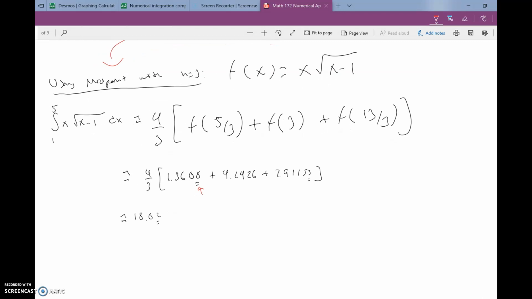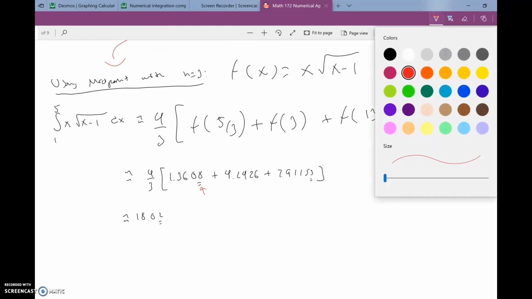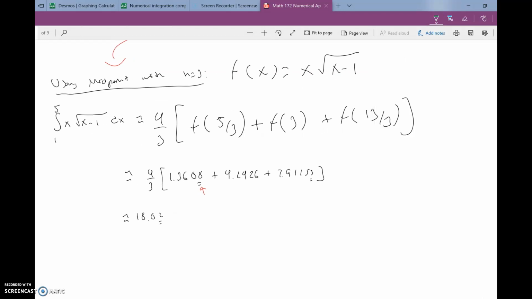Okay, only the ones displayed here, and I'll check these in a minute. I'm getting approximately 17.6562. So let me double check.